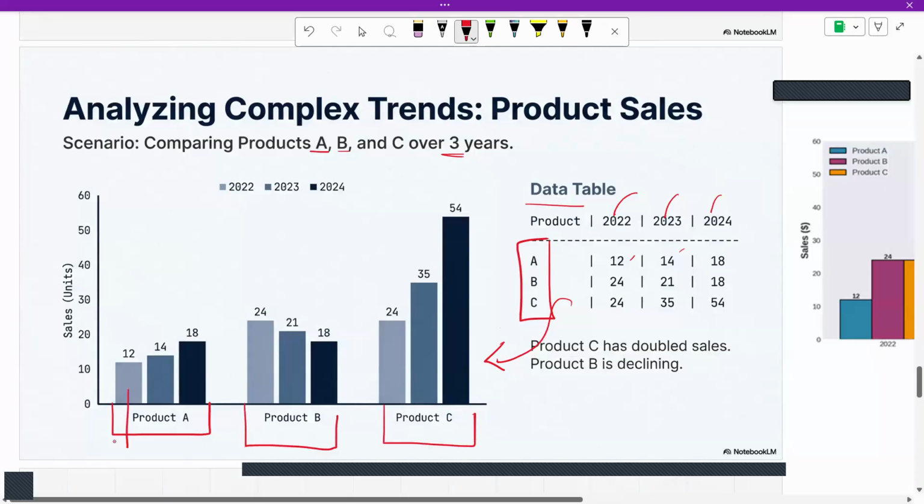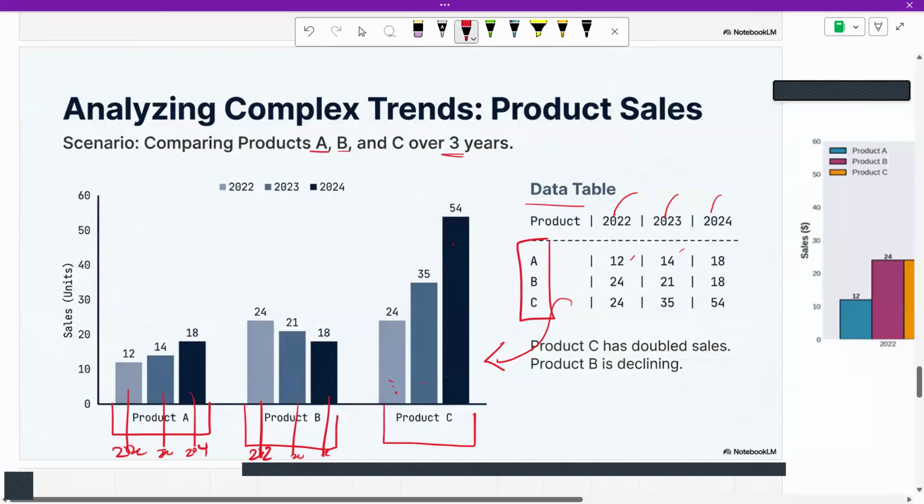This represents 2022, this represents 2023, this represents 2024. Likewise, this is 2022, 2023, 2024. Likewise, the same. You have to maintain the order.